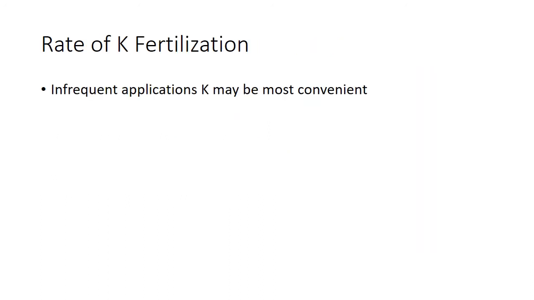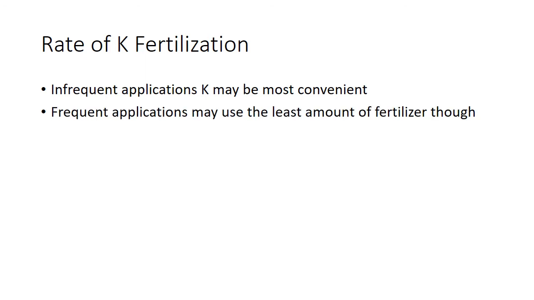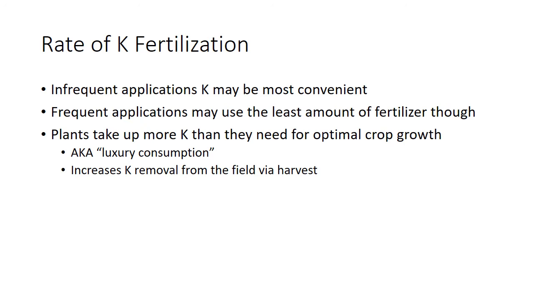Okay, so one thing to consider with this, going back to the new potassium model, is that it could be more convenient to apply potassium in less frequent applications. But frequent applications actually require the least amount of fertilizer. The reason for that is plants will have luxury consumption of potassium.